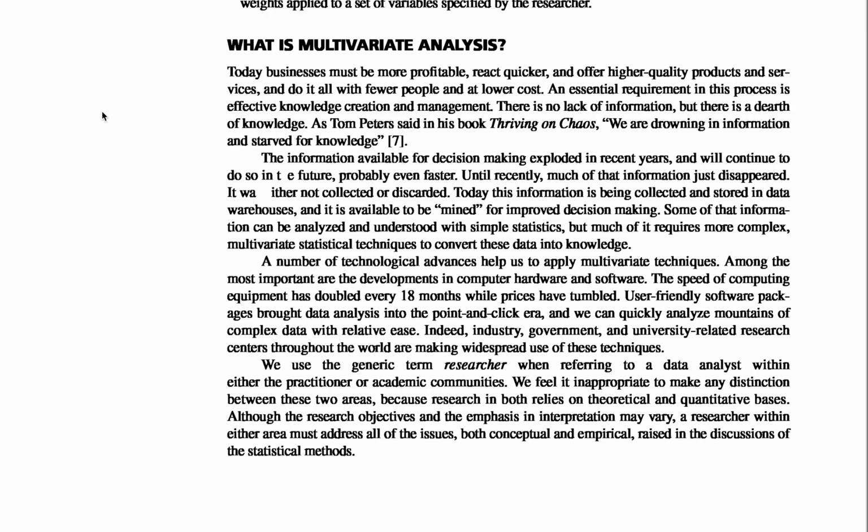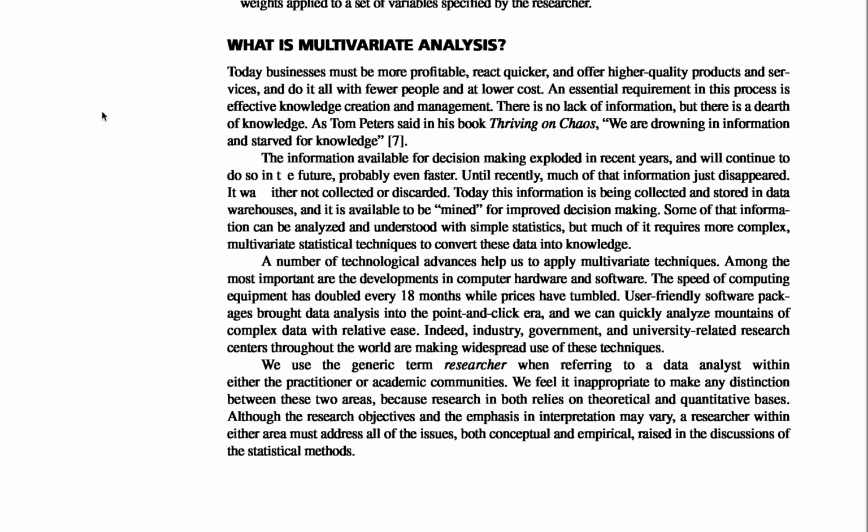It was not collected or was discarded. Today the information is being collected and stored in a data warehouse and is available to be mined for improved decision making. Some of the information can be analyzed and understood with simple statistics, but much of it requires more complex multivariate statistical techniques to convert these data into knowledge.